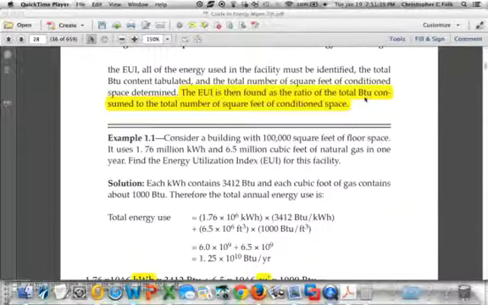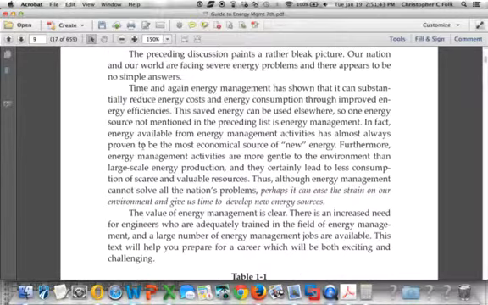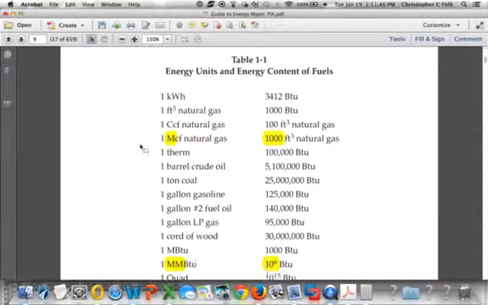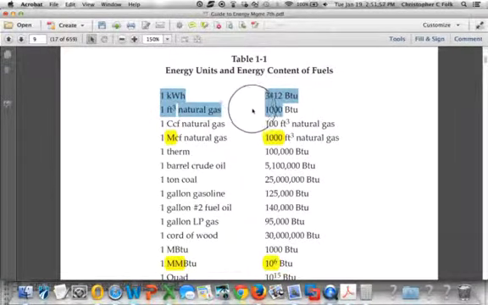They've got a couple numbers in here that they got out of a table, and that table is on page 9. So I'm going to go back up here and go to page 9, and notice page 9 shows table 1-1 with lots of different conversions and energy contents. The first two that we need are right there at the top. 1 kilowatt hour, as it shows here, contains 3,412 BTU of energy.